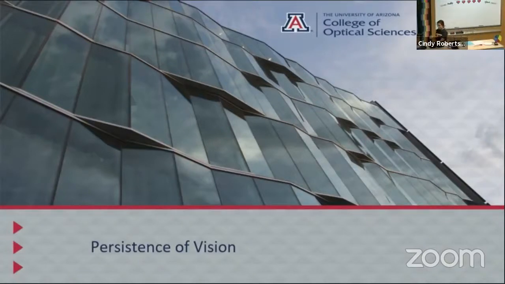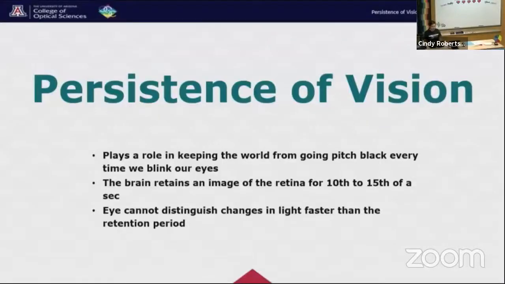So what persistence of vision is, 3 words: persistence. That means continuously, constantly, it keeps doing it. Of, and vision. Vision is what our eyes do. We're all familiar with it. We see images all around us in the real world, and our eye takes those images and gives them to our brain.